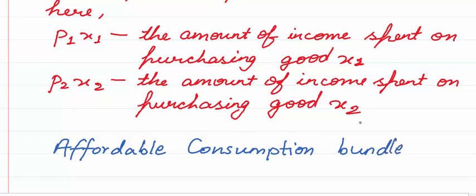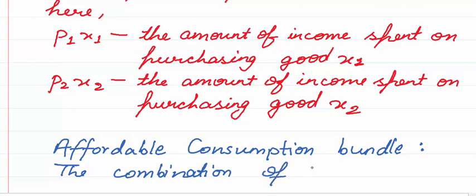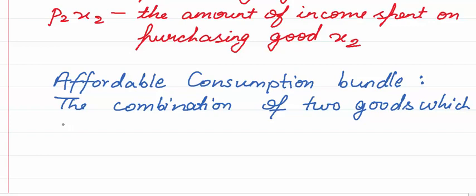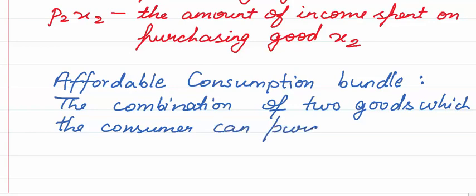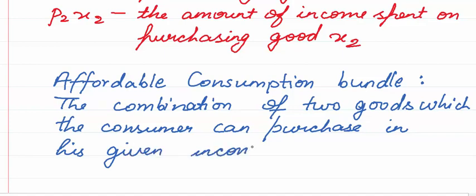It is that combination of goods which the consumer can purchase in his given income constraint.